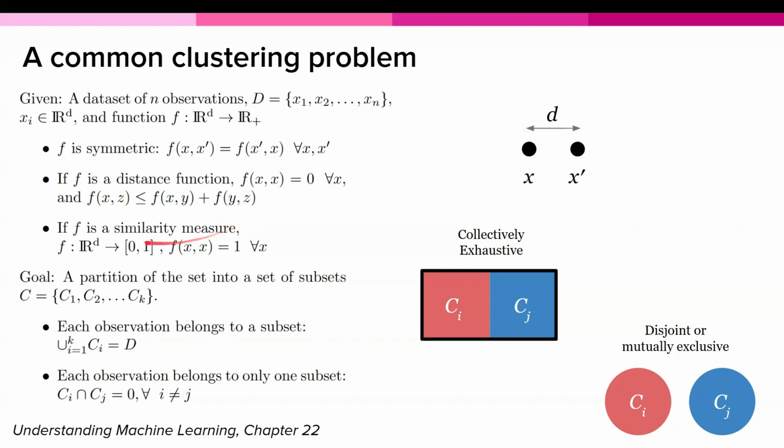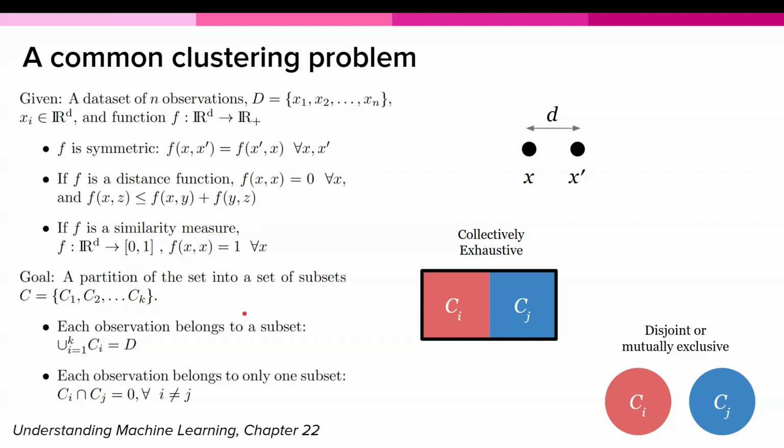On the other hand, if f is a similarity measure, it maps to values between 0 and 1, where 1 represents perfect similarity or the similarity of an object with itself. And so, I said the goal of clustering is to partition the data set into a set of k subsets, C1 through CK.